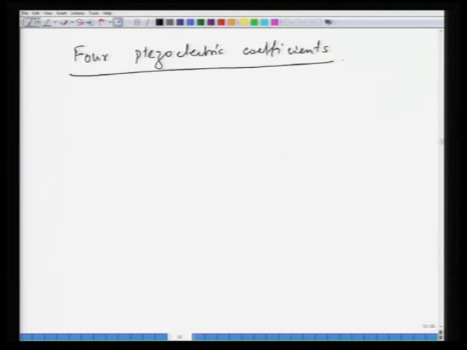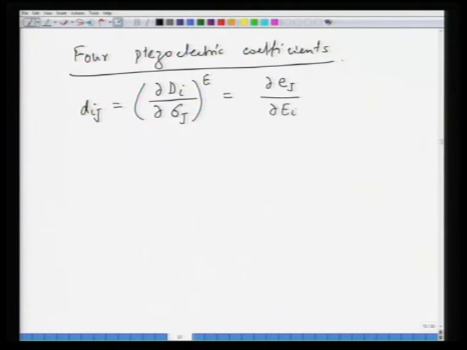and these coefficients are, so the first one is d_ij, and this d_ij is del of d_i to del of sigma_j at constant field, and this is also equal to del of epsilon_j to del of E_i at constant stress. Similarly, you can also have another one as e_ij.